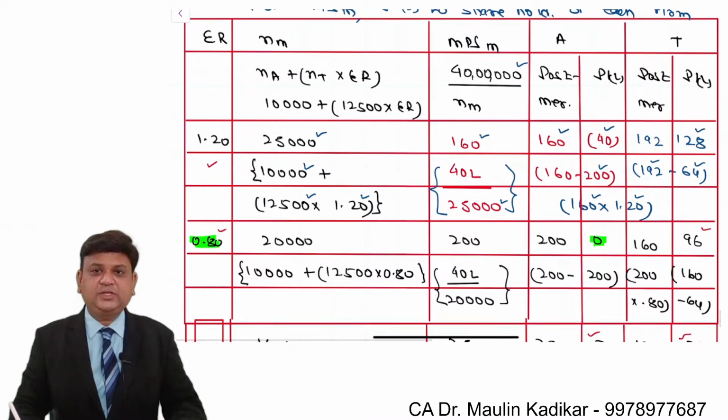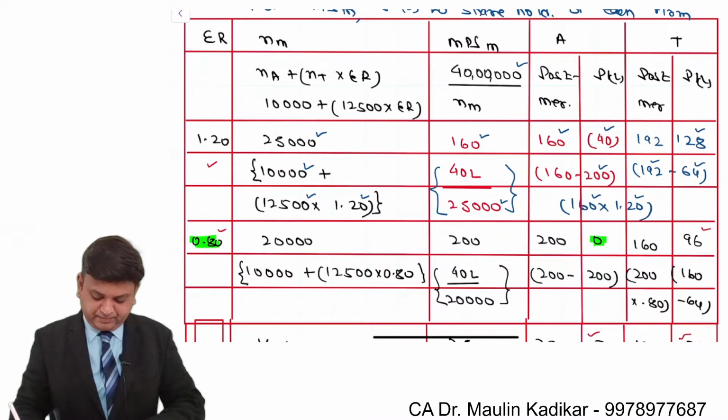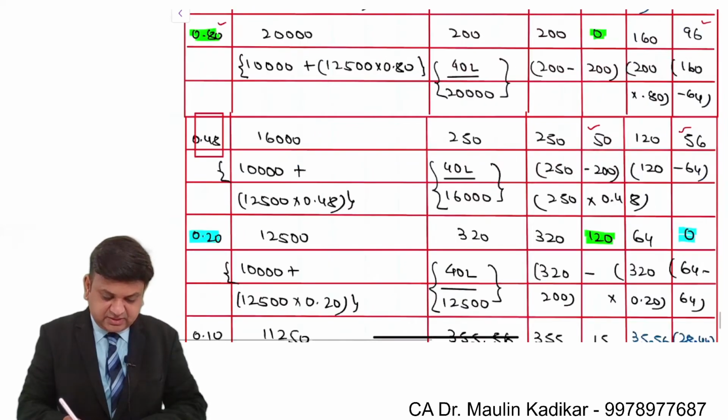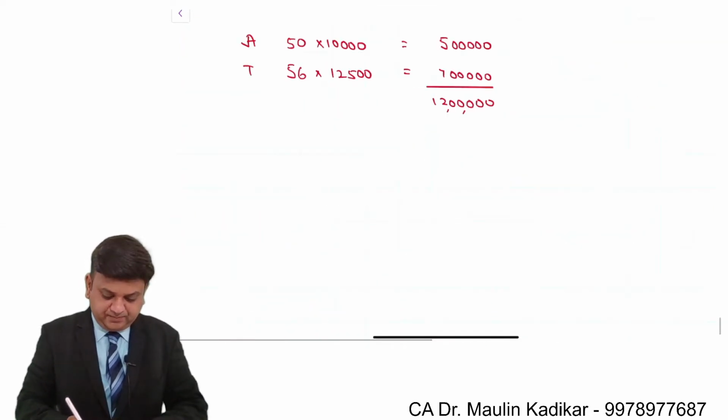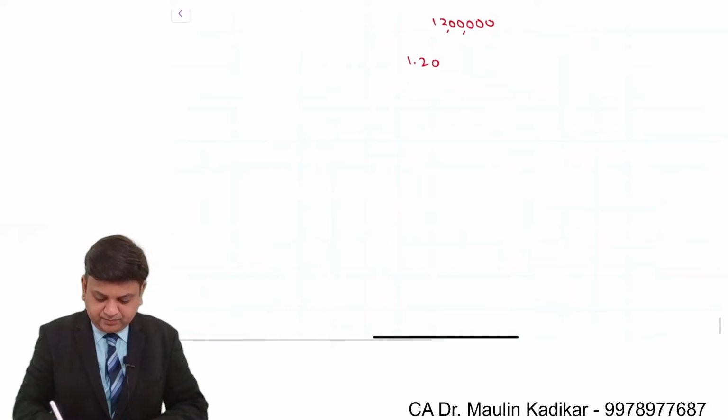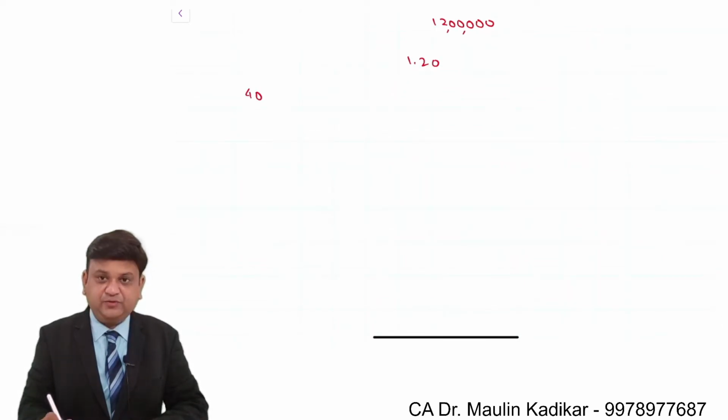So it is 40 rupees is the loss per share. So for exchange ratio 1.20, as far as the acquiring company is concerned, there is a loss of 40 rupees per share into number of equity shares at 10,000. So there is a total loss of rupees 4 lakhs.